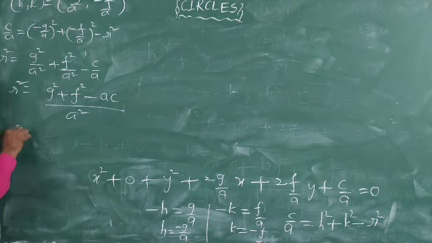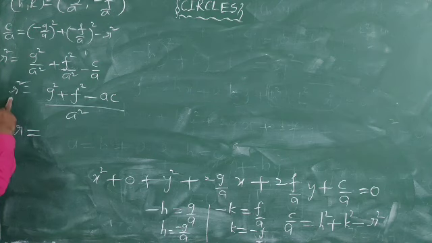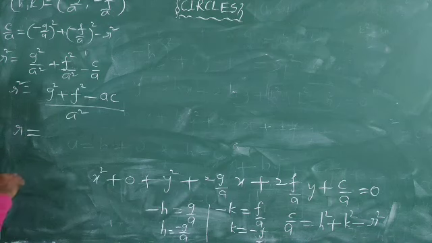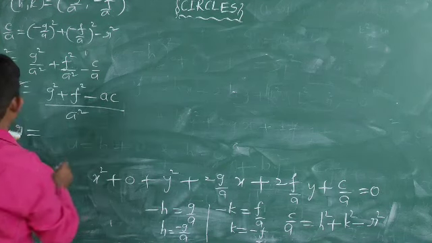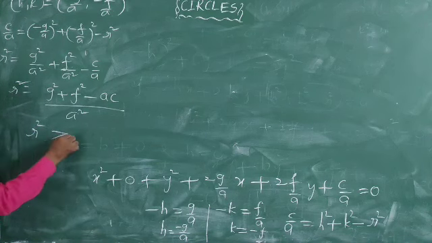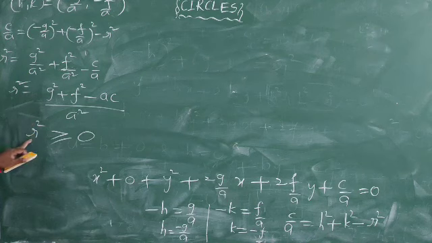From it, it is very clear, r² is always positive. That's why it must be positive. It is a very, very important condition. r² is always greater than or equal to 0, because the square of a real number is positive or equal to 0, never negative.